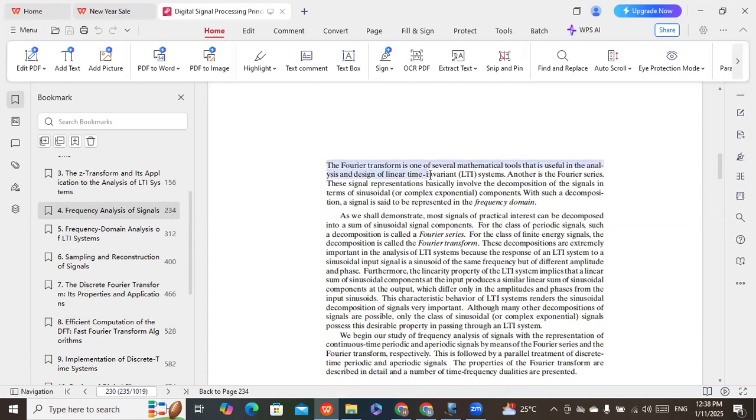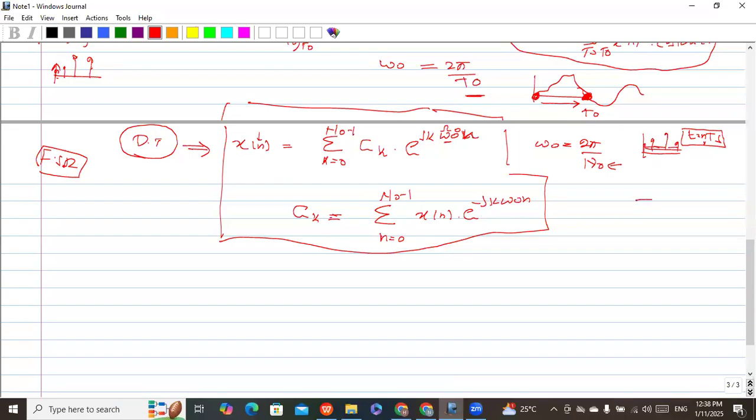What does it mean actually? For example, if you consider a filter, you know a filter. Normally, if you apply some frequency components, some frequency range, you can get the desired frequency range. That is the idea of a filter.